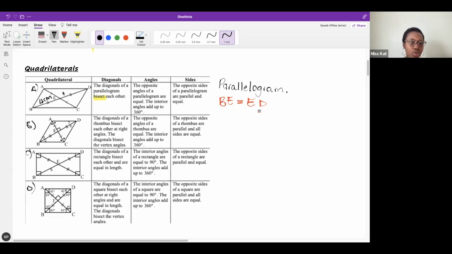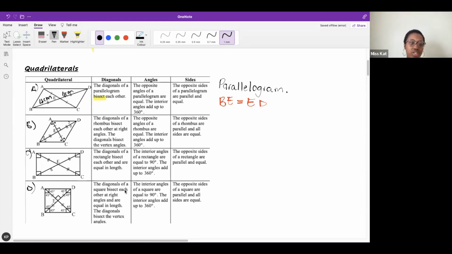Thank you. This will also be 4 centimeters. And how long would the whole diagonal be? The whole entire diagonal, which is BD, will then be 8 centimeters, while the two halves are 4 centimeters.